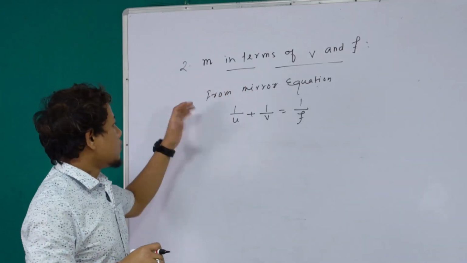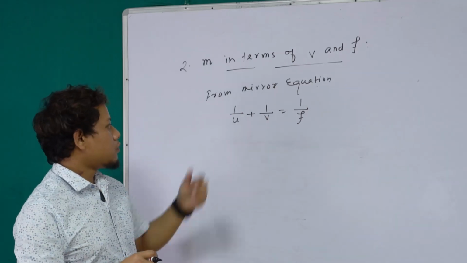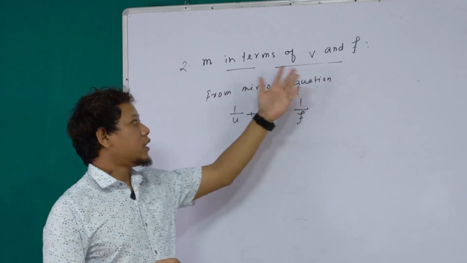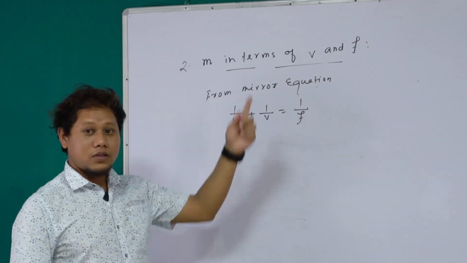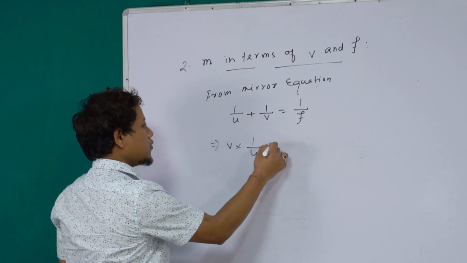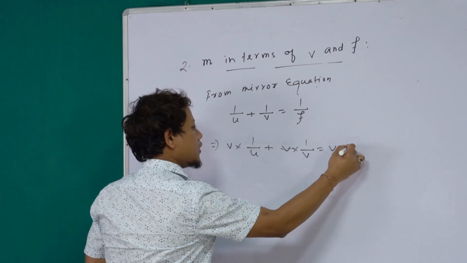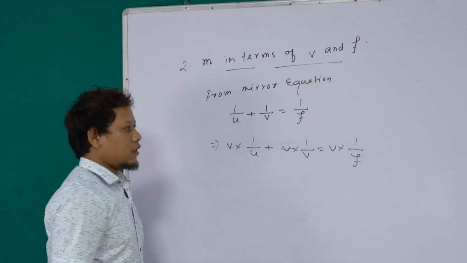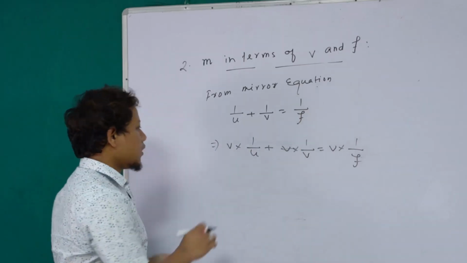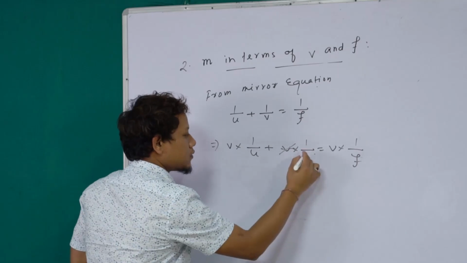We'll start with the same technique from the mirror equation: 1/u + 1/v = 1/f. Again we have to express in terms of v and u, so we'll multiply on both sides by v. So v into 1/u, v into 1/v, v into 1/f. Now v and v cancel out because they are like terms.